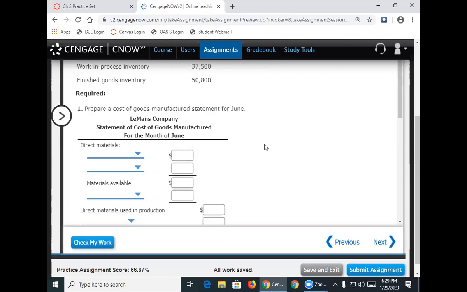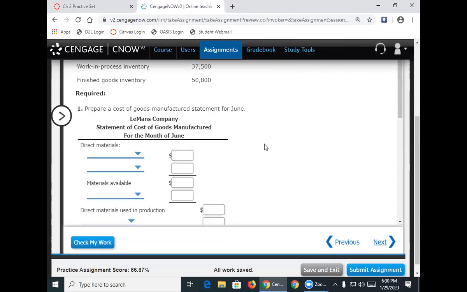Okay. So again, I can just start by putting in all the variables I know, all the knowns. So direct materials beginning was $62,400. Purchases were $346,000. And ending was $63,000. Work in process started with $33,900.